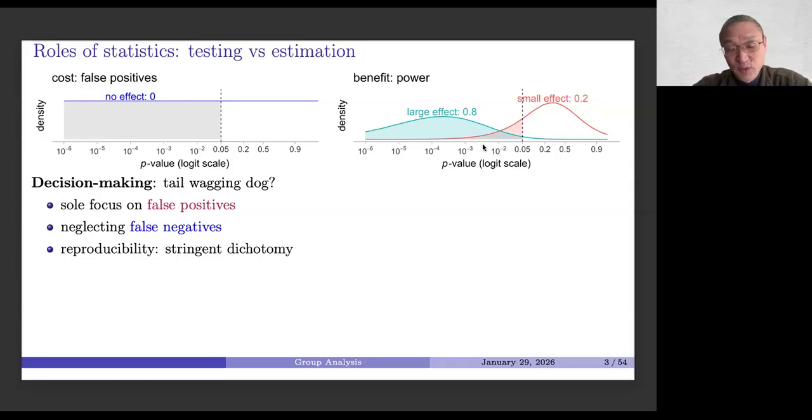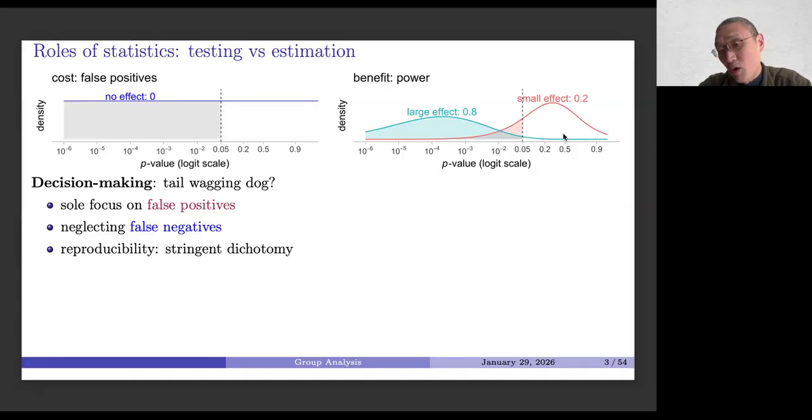The problem is that if we dichotomize the results, then we can control the so-called false positives, but we pay a cost. That cost is called false negatives. That is on the right-hand side, the light colored right tails of the two distributions. For the big effect, yes, we are willing to pay that false positive.